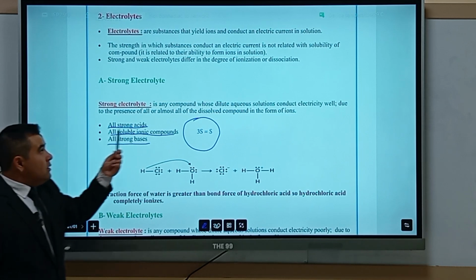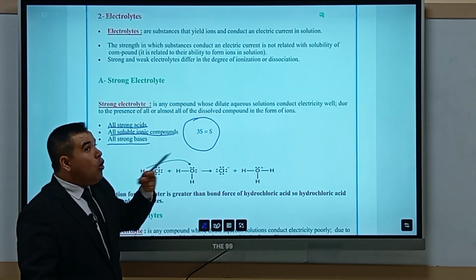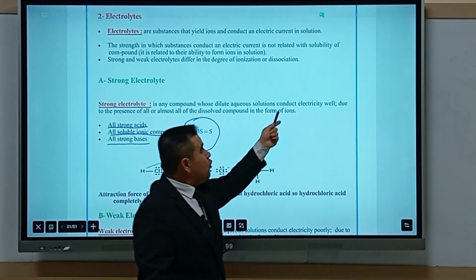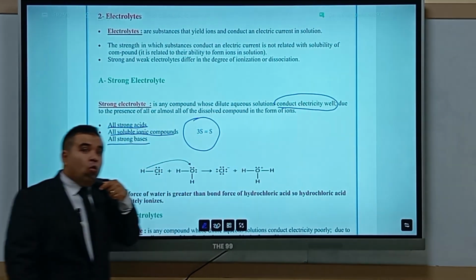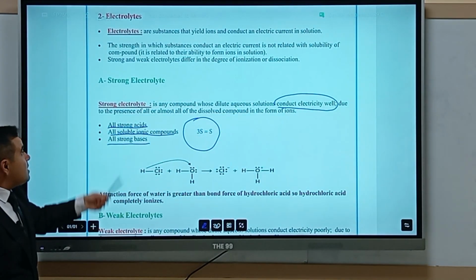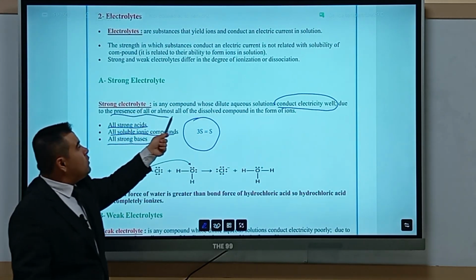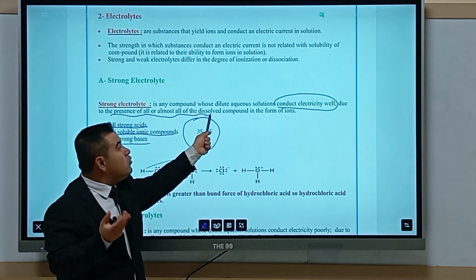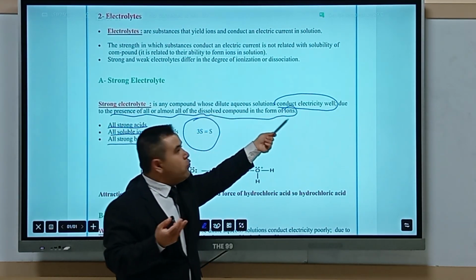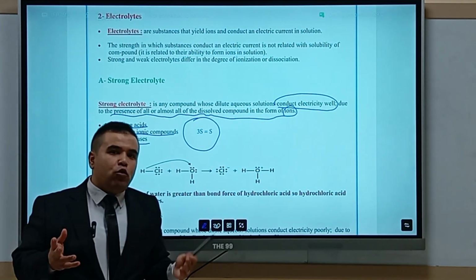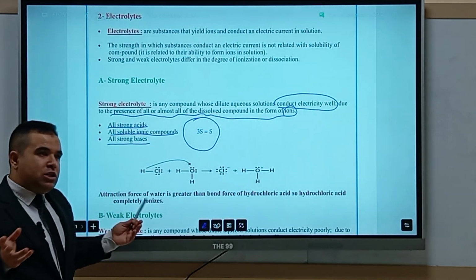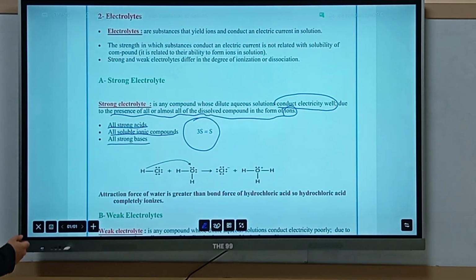And the solutions of the strong electrolyte carry electric current well. Why? Because almost all the compounds are present in the form of ions. We have only the ions in the solution. There will not be non-ionized or non-dissociated compounds.